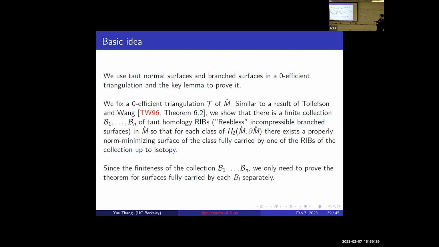So then you only need to consider each branch surface Bi separately. I think that's a key step to prove the theorem for sufficiently long difference.